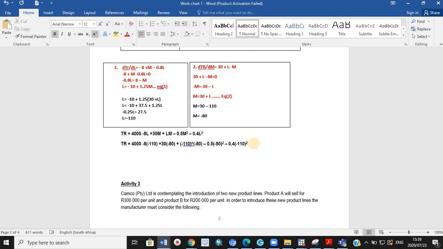So this should be equal to TR, TR should be equal to 3,240. All right.